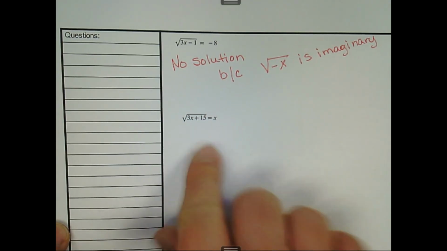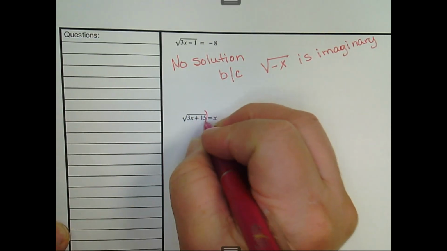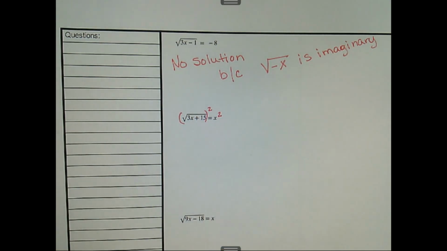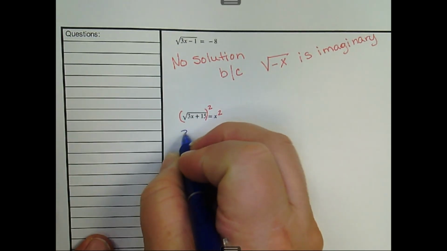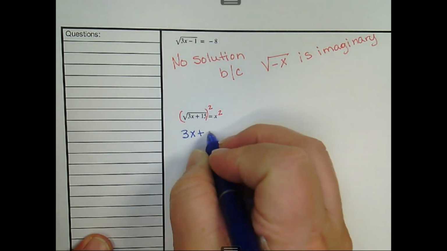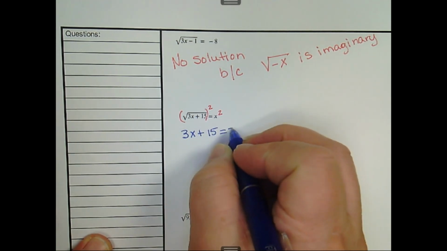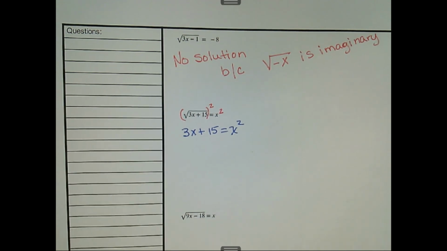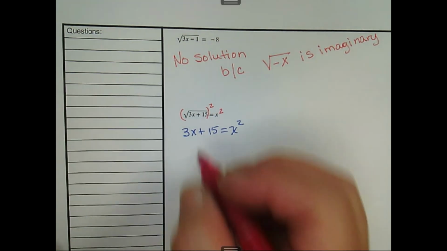What do I do? Square both sides. 3x plus 15 is equal to x squared. Now what do I do? I want to get it set up equal to 0 so I can solve.